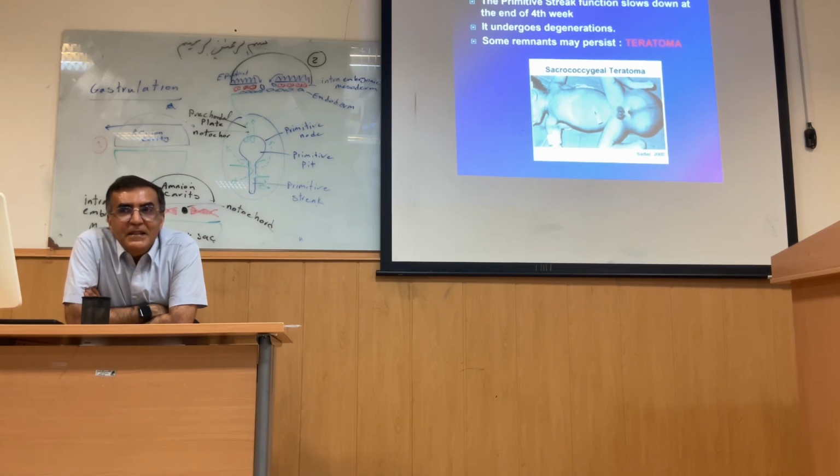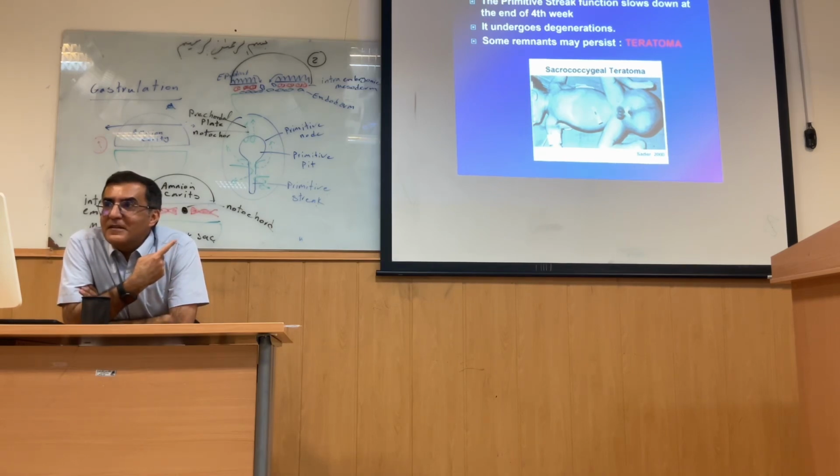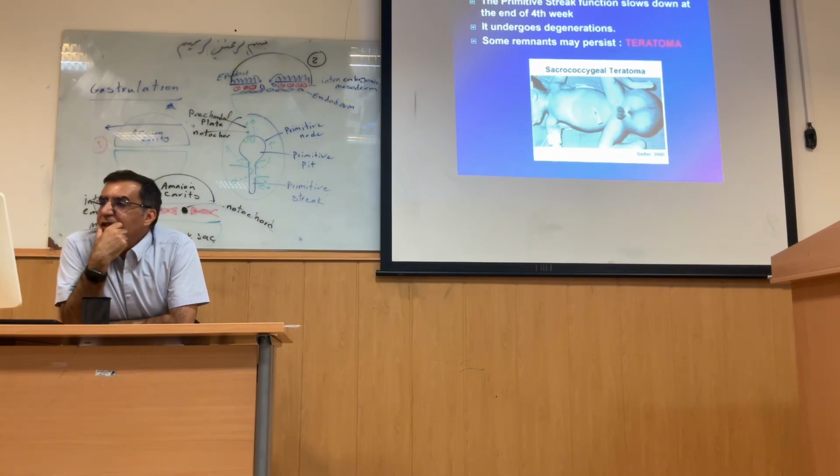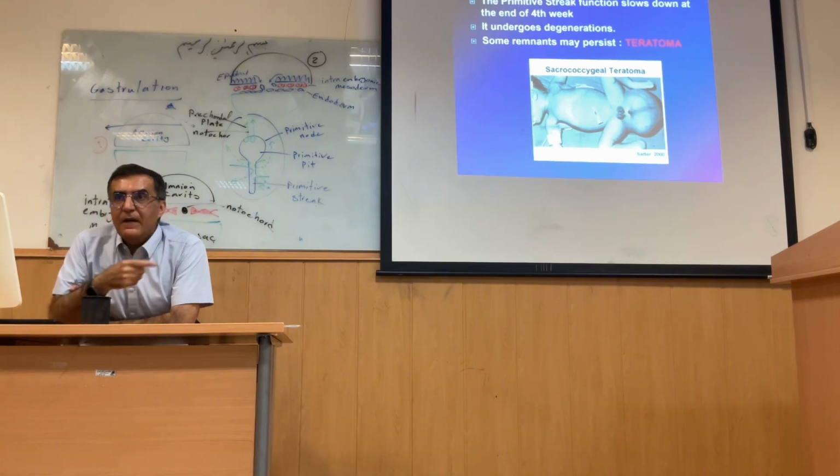When the PGCs had an abnormal migration. The same result. Now we have two reasons for teratoma: abnormal migration and the remaining of the primitive streak beyond its time. Primitive streak function slows down. It undergoes degeneration. Some remnants may persist as a teratoma.